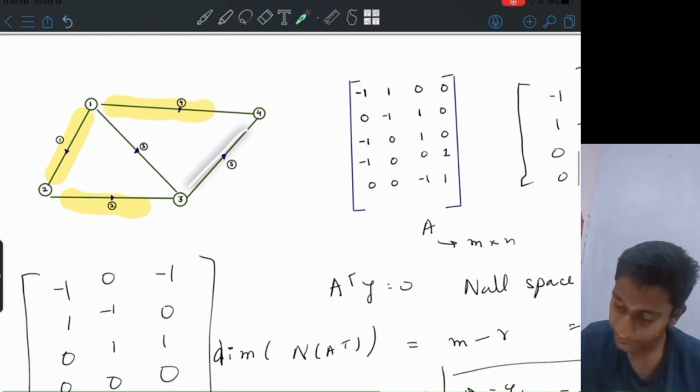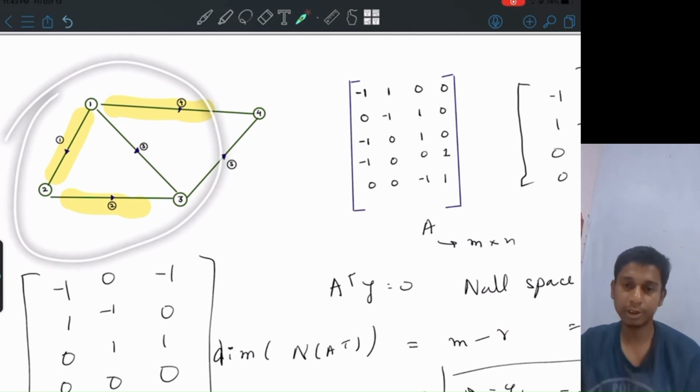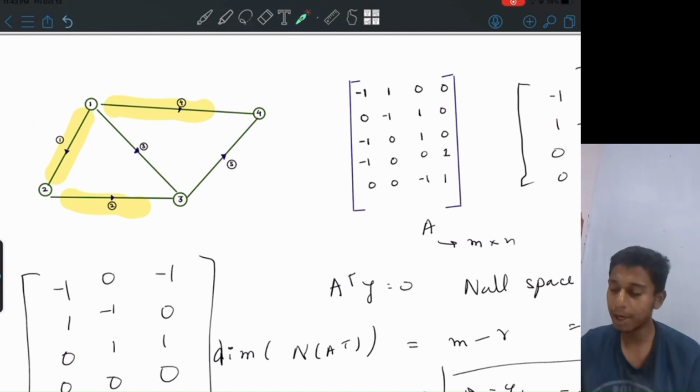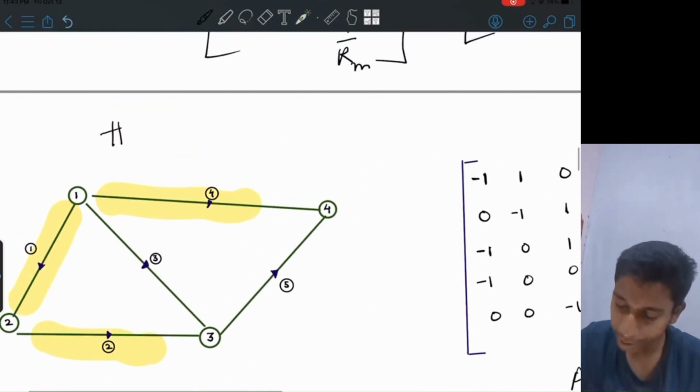If I take any other edge, which would be dependent on the others, then it would create a cycle. So the rank is the maximum number of edges that I can take that would be linearly independent.